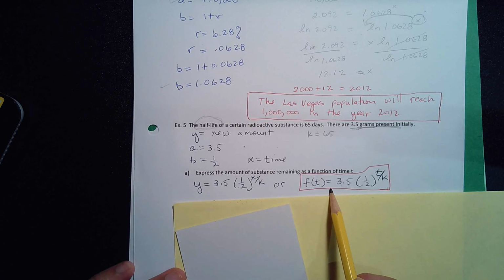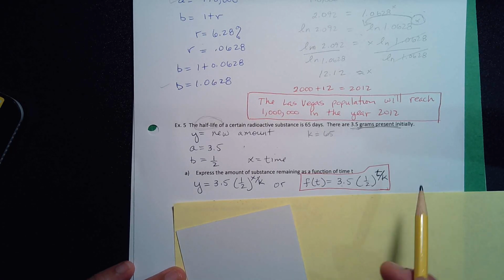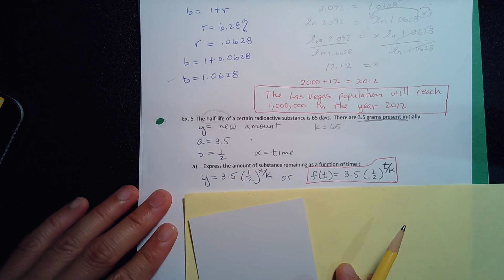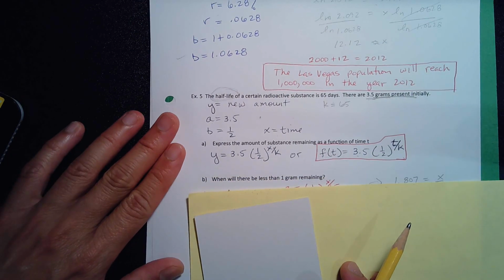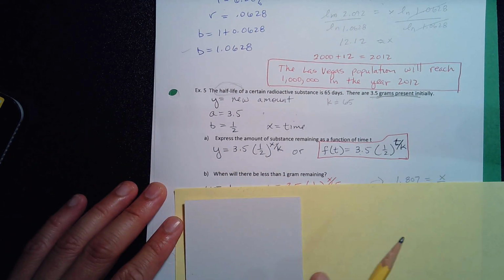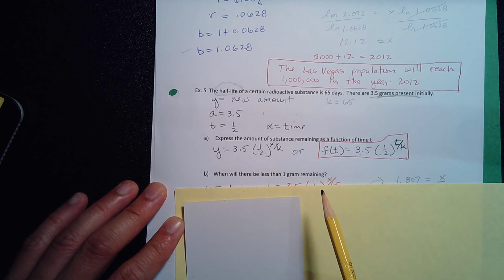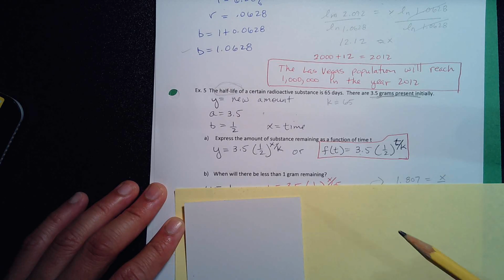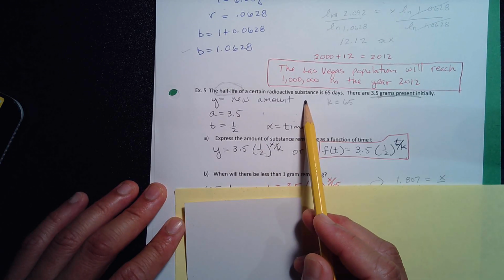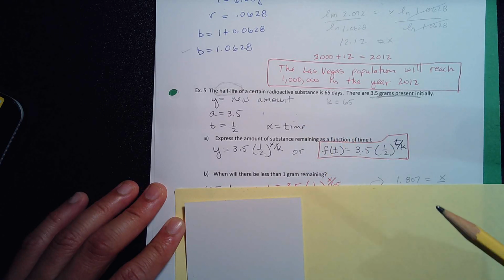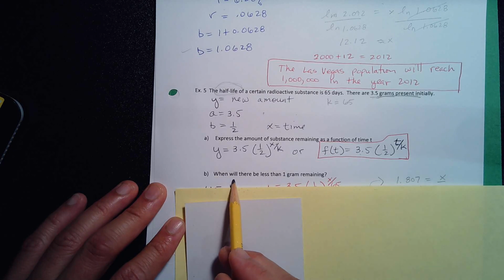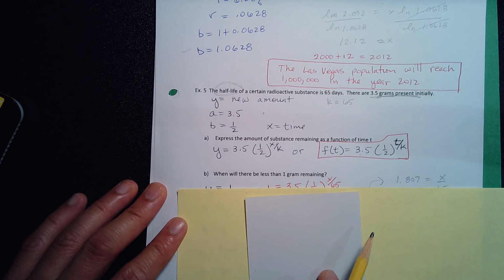They wanted the function as a function of t. All right. So now part B, it says when will there be less than 1 gram remaining? Since this is the decay, as time goes by, the amount of radioactive substance is decreasing using half-lives.